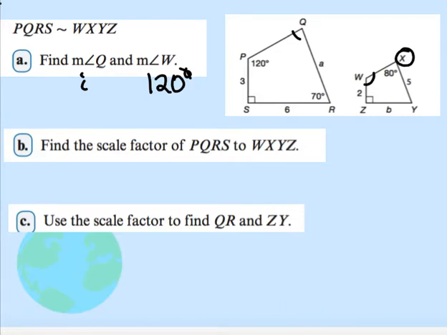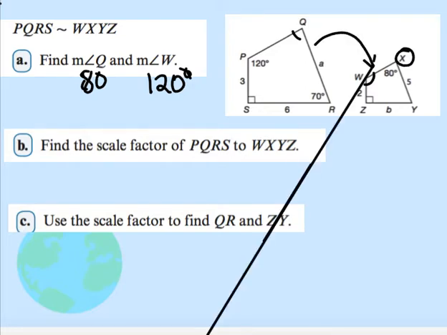Let's figure out some scale factors. Find the scale factor of PQRS to WXYZ. So we're going from the big one to the small one. These ratios are where we're going to find our scale factor. So let's figure out some ratios.